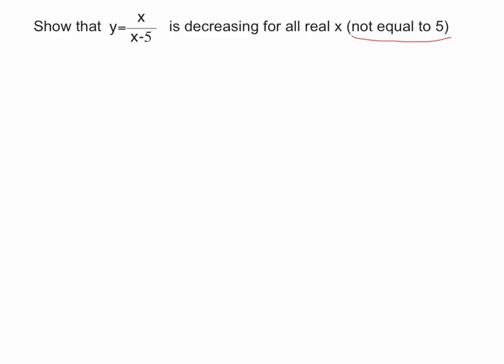Well, if I want to find dy on dx, I need to use my quotient rule. Remember our quotient rule, we have u over v, where u is our top function, in this case x, and v is our denominator function, which is x minus 5. And then therefore u dash is 1 and v dash is also 1.